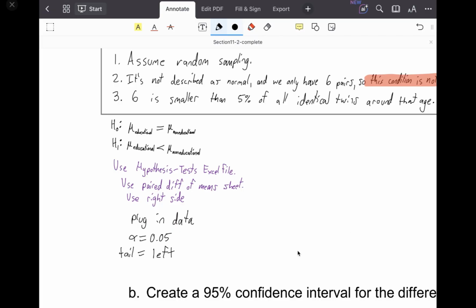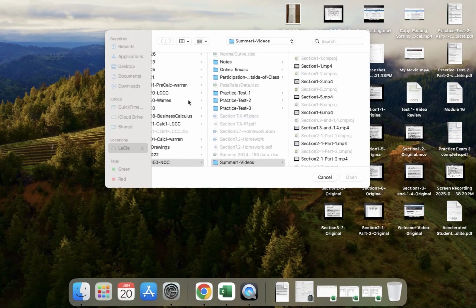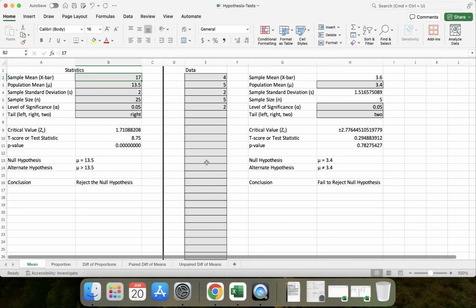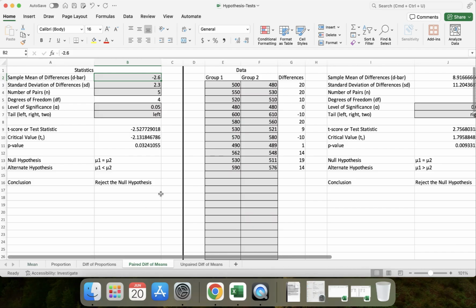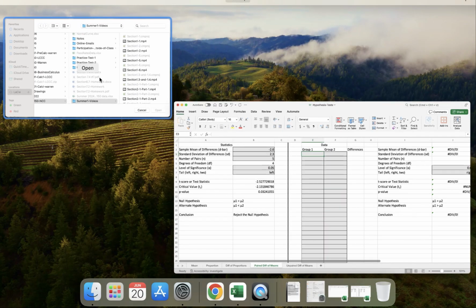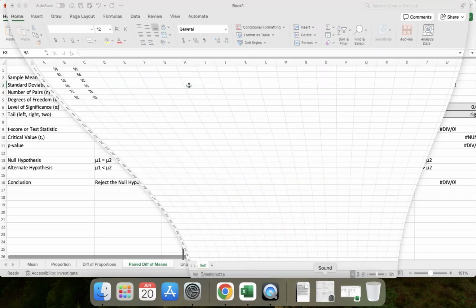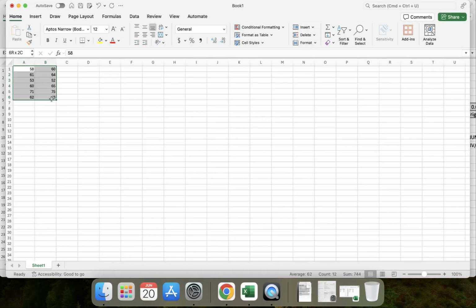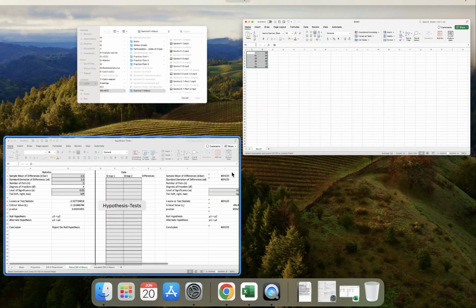So I'm going to navigate to our hypothesis test here and go to the paired difference of means. I have a lot of data here, so I'm going to clear that out. I typed this already, so I'm just going to copy and paste these numbers in here.